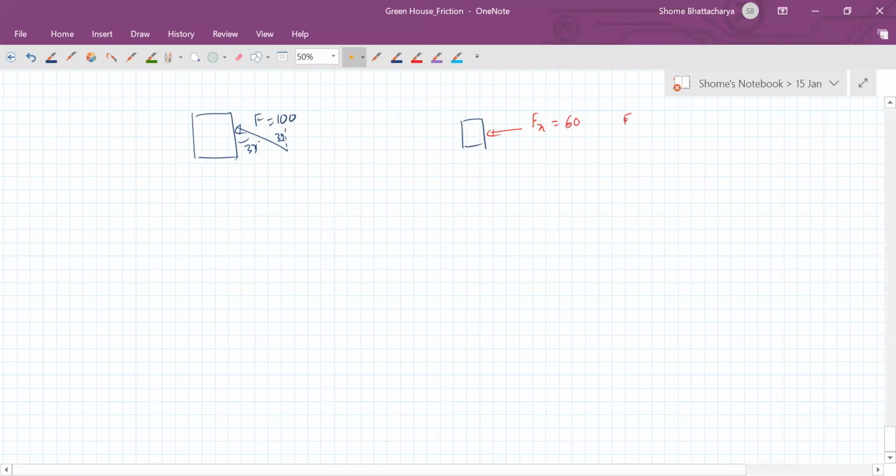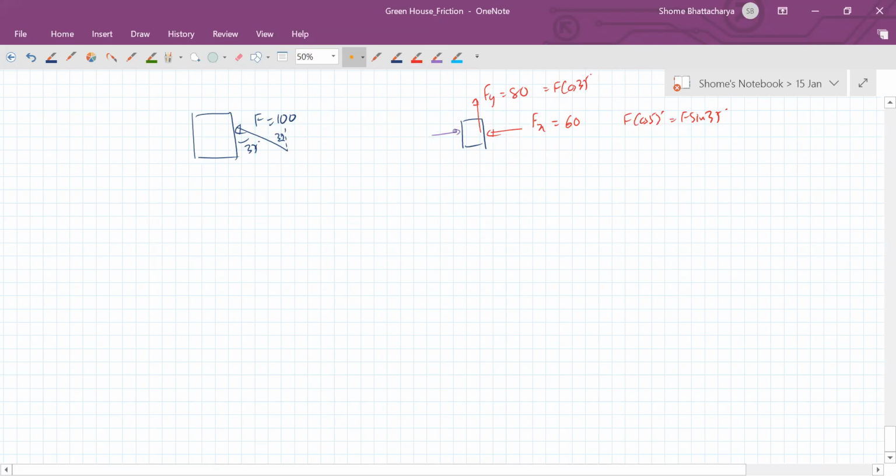Okay, that will be F cos 53 or sin 37, whereas the y component of the force will become 80, that is F cos 37 or sin 53, whatever.